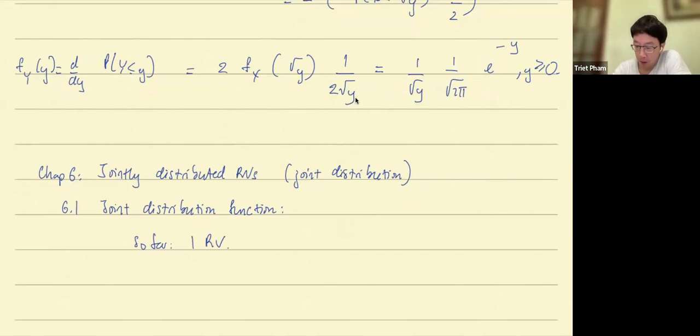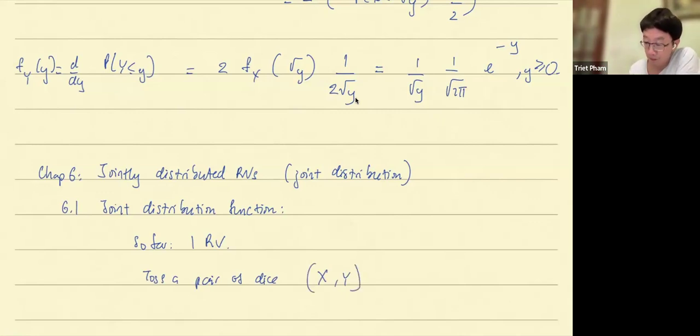Well, you might think of something like tossing a pair of dice, where you have x as the value of the first die and y as the value of the second die. So basically, the value here is going to be a 2-dimensional vector, with, let's say, 1 for the x and 1 for the y.